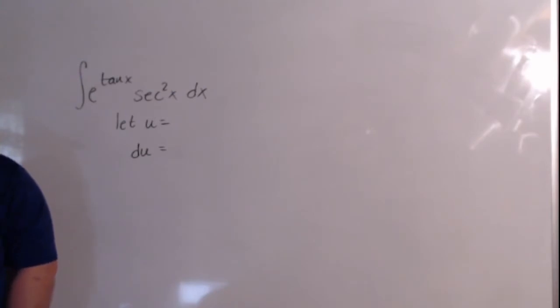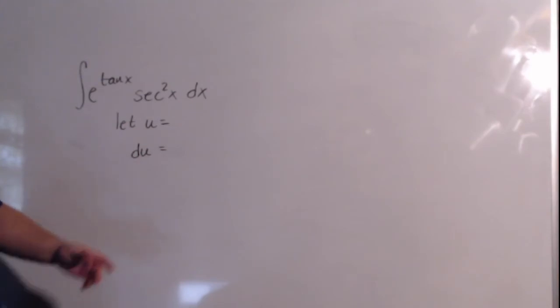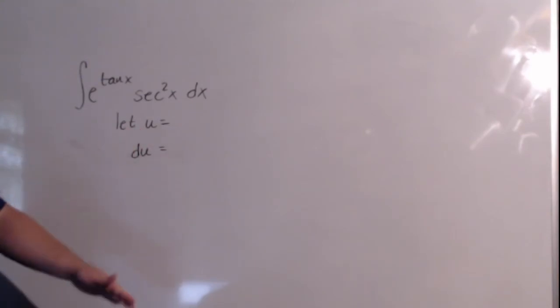So I see two possibilities so far. Anybody else? Remember, we want u to be something that is inside of another function, potentially, or a function whose derivative is present.